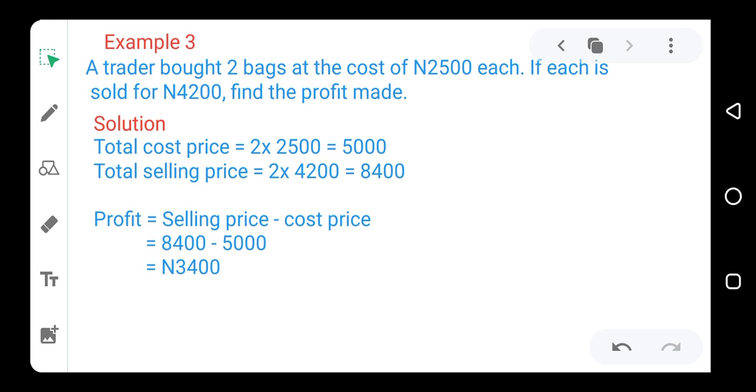So the profit the man realized in selling the bag at 4,200 naira each is a profit of 3,400 naira. So this is how to calculate profits and loss in financial arithmetic.